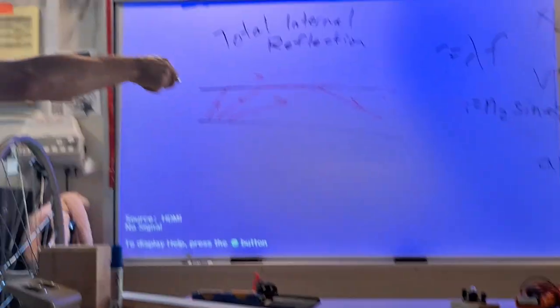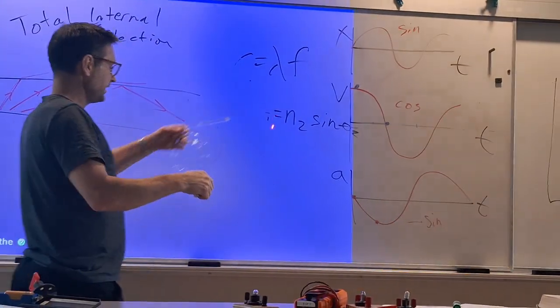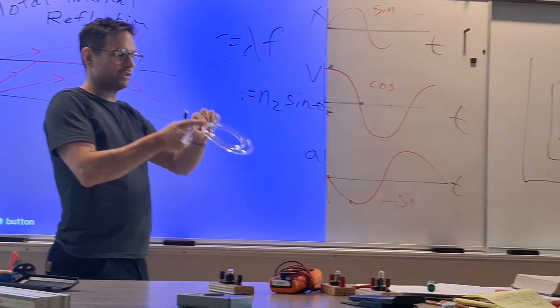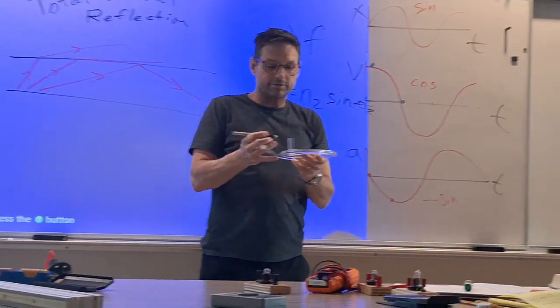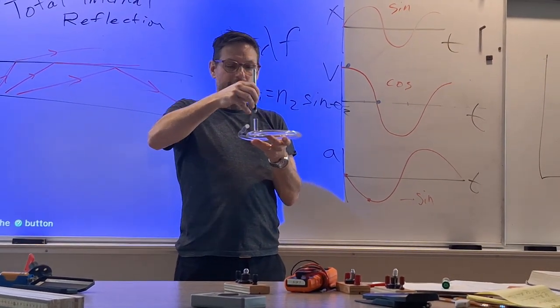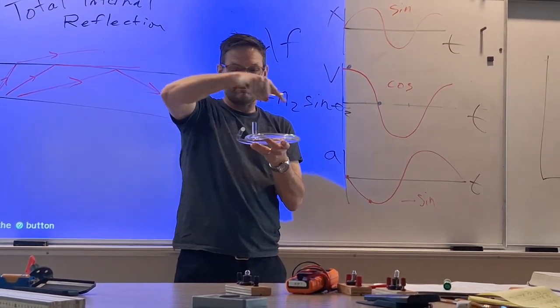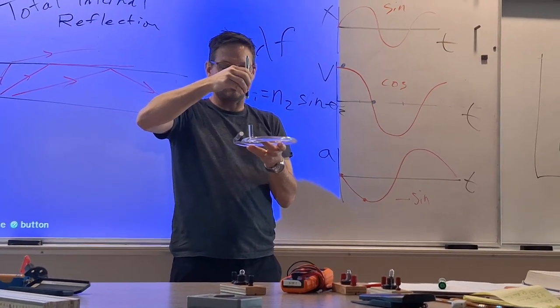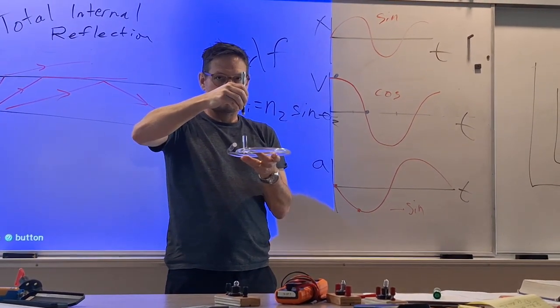So you can see this right here, and I have this doodad of plastic. I don't know if this will work. Let's find out. I'm going to shine this straight down into this tube, and it wraps around.